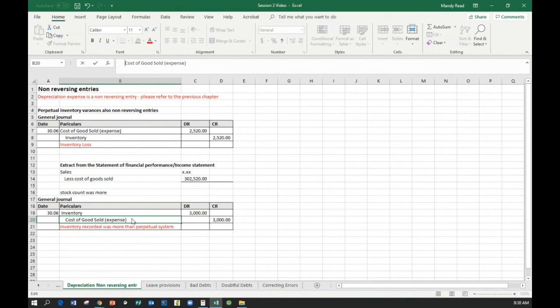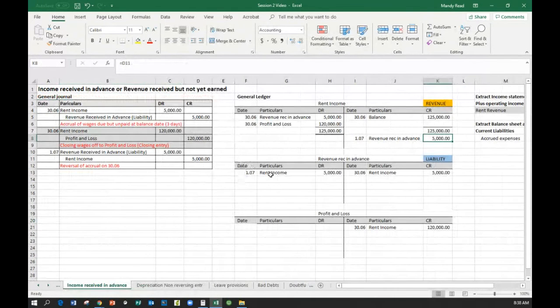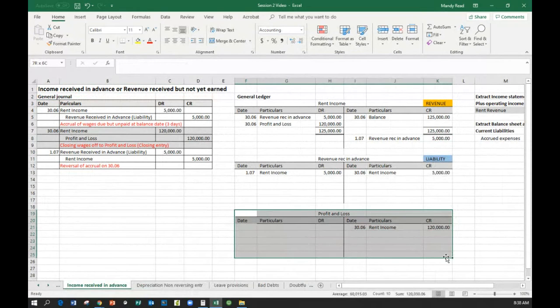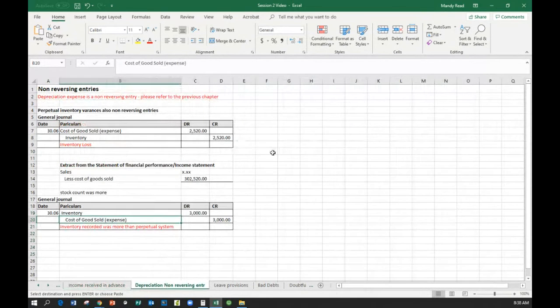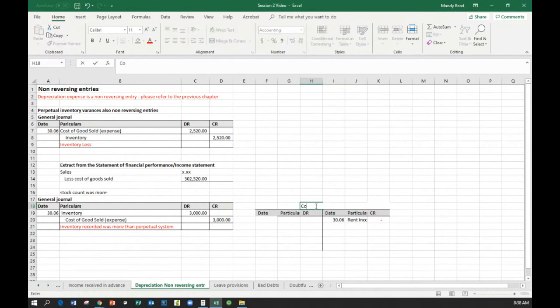You're probably thinking, well, an expense always goes on the debit side, and now you're saying that this is going on the credit side. What I'm going to do is bring up a T account, and we call this T account cost of goods sold.